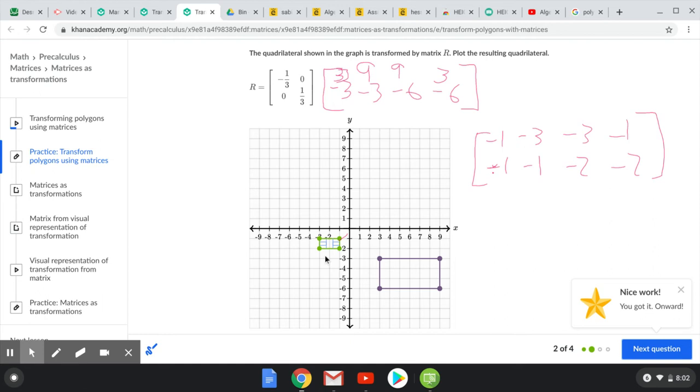So I want to talk about this for a second, because what essentially just happened here, because the only things that weren't zeros were on this diagonal, then essentially what I just did is I just multiplied all of the x values by negative 1/3 and all of the y values by positive 1/3 is essentially what just happened here.